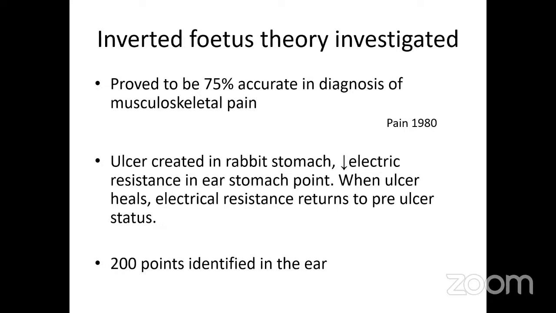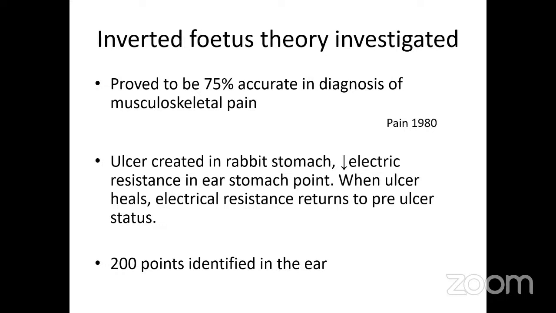Now, this was further investigated. They created artificial, iatrogenic ulcers in rabbits by injecting submucosal phenolphthalein, and they found that an ulcer developed there. And at the same time, at a particular point in the rabbit's ear, the electrical resistance decreased. I told you earlier, acupuncture points are areas of low electrical resistance. That means energy can easily enter from here.